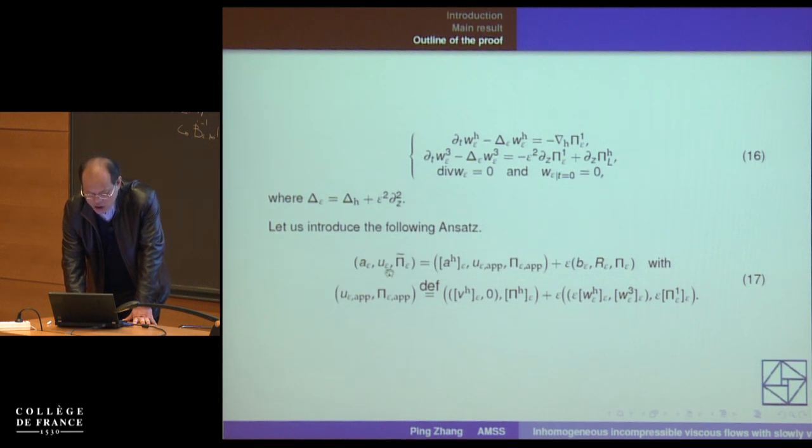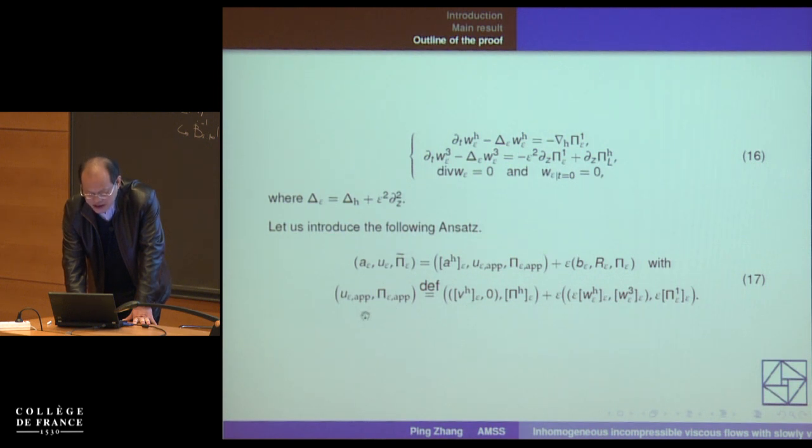a_epsilon, u_epsilon, pi_epsilon, delta equals the scaled function of a_h epsilon, u_epsilon approximate, pi_epsilon approximate, plus this remainder term.